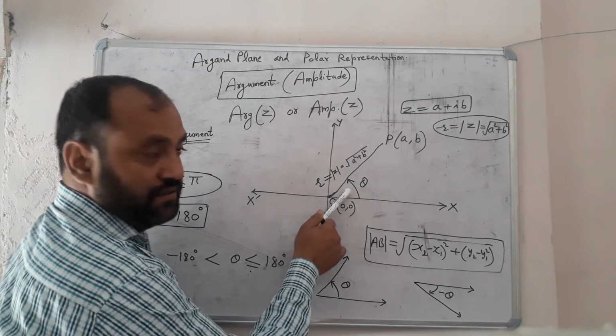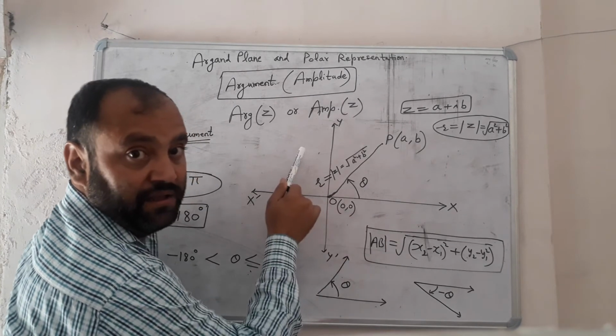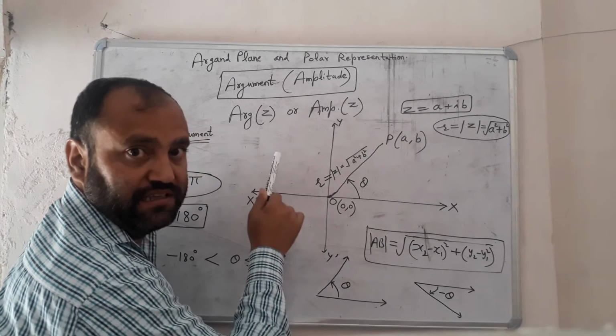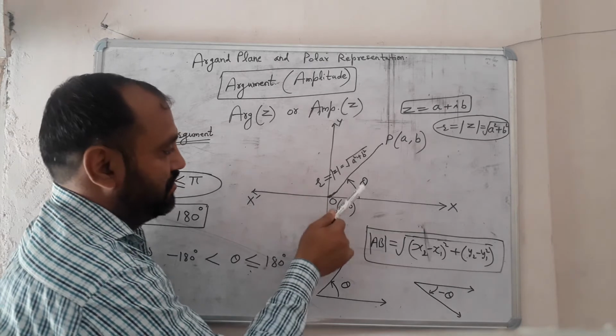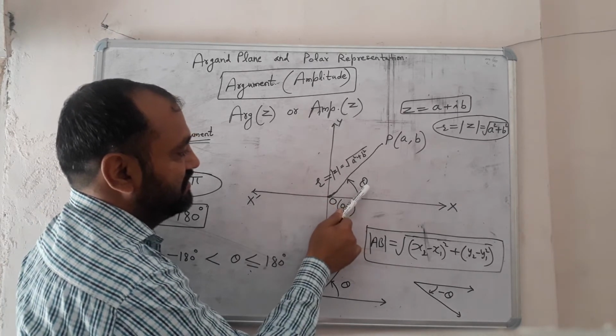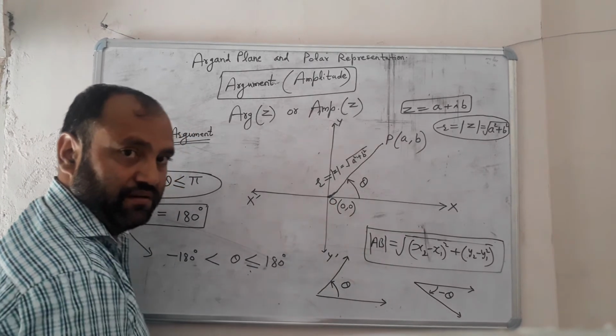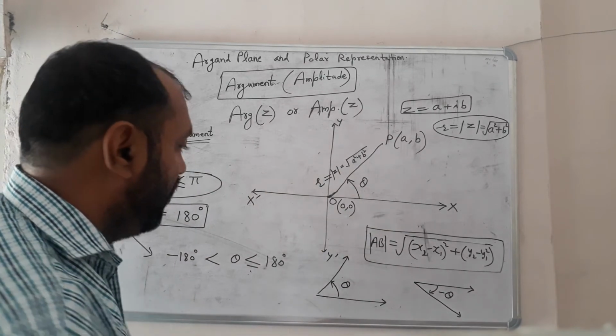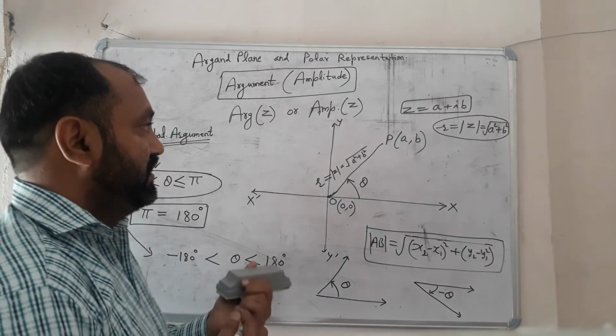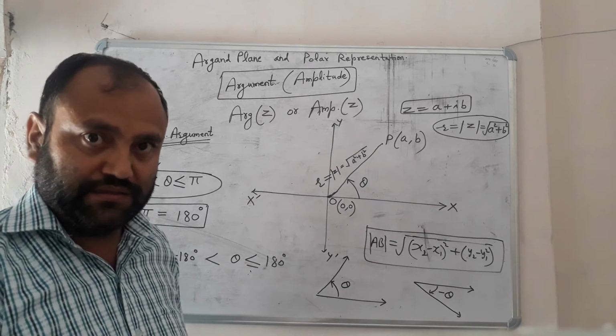Now see this is theta. Theta means it is anti-clockwise direction, right? So anti-clockwise direction means this is a positive angle. Now as you know, there are 4 quadrants.